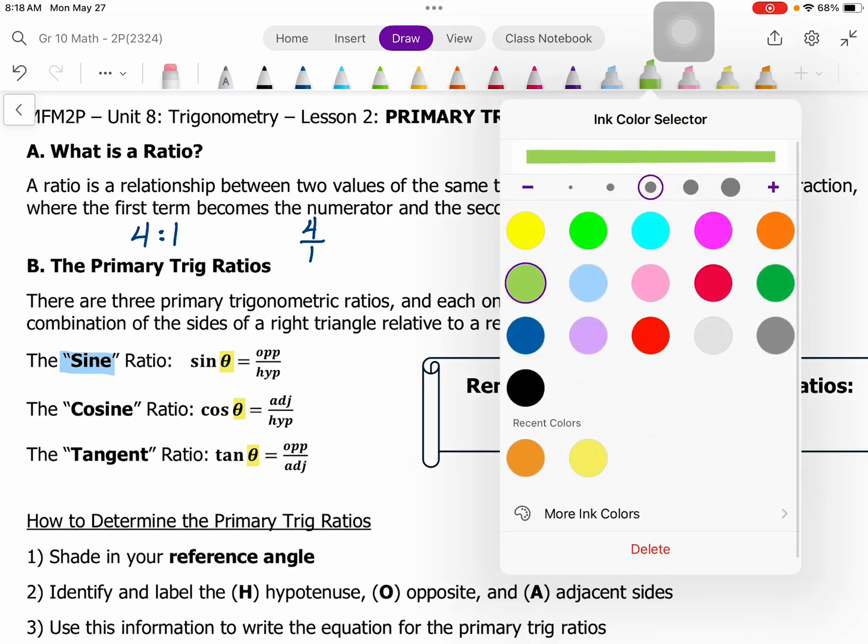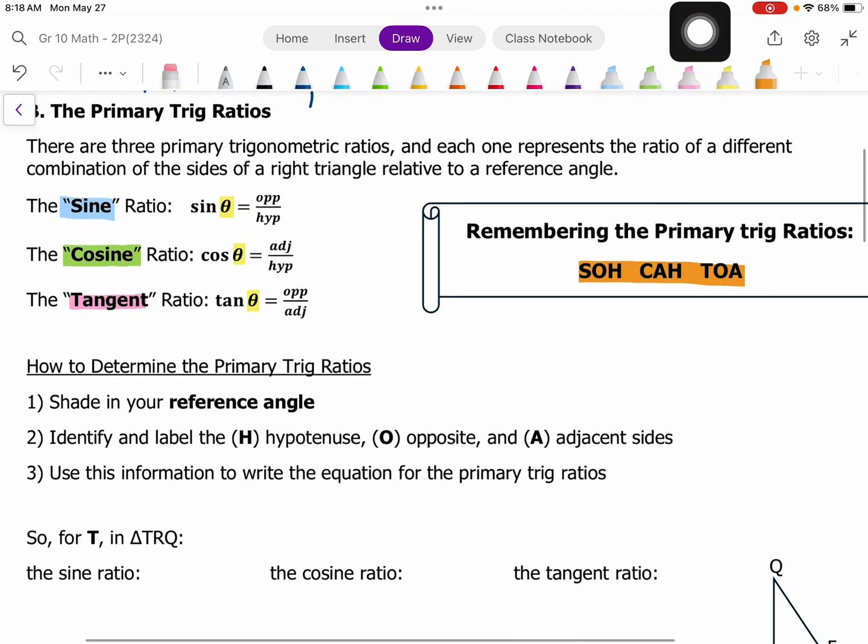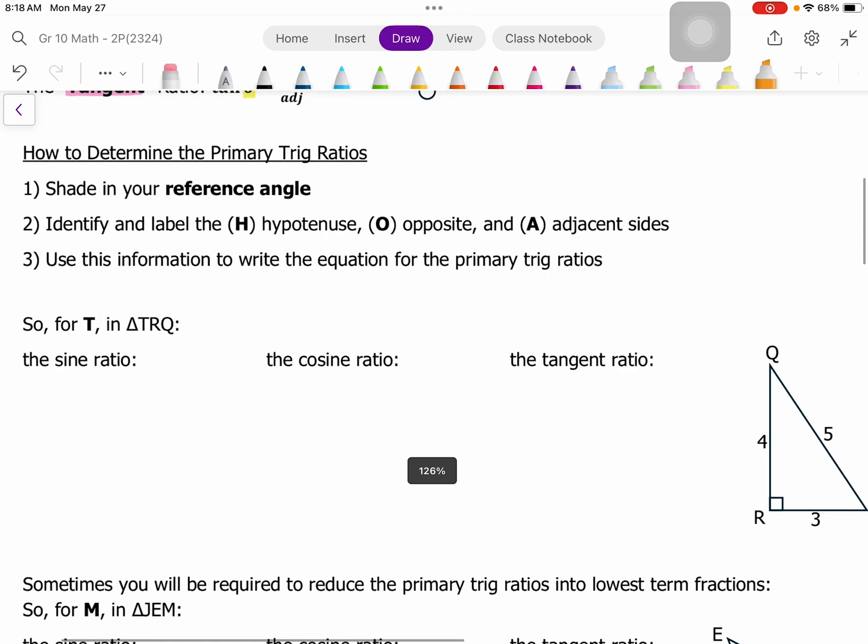The cosine ratio is the adjacent divided by the hypotenuse, and the tangent ratio is opposite divided by adjacent. We can use SOHCAHTOA to help us remember that: sine is opposite over hypotenuse, cosine is adjacent over hypotenuse, and tangent is opposite over adjacent. Let's take a look at a couple of examples to see how this works out.